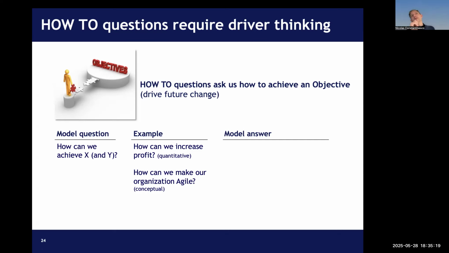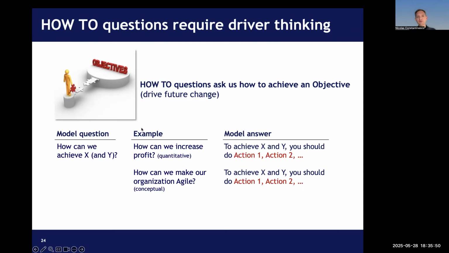I'm going to reuse this little trick that I used before, the problem-solving trick of fast-forwarding to the end. It's very helpful, this trick. So imagine if you have a question like this and you fast-forward to the end and you say, all right, so what does the answer look like? And the answer to a how-to question is basically, well, to achieve the goal that you want to achieve, you should do X, you should do Y, and you should do Z. That's your recommendation. Do X, do Y, do Z. Take action one, action two, action three.